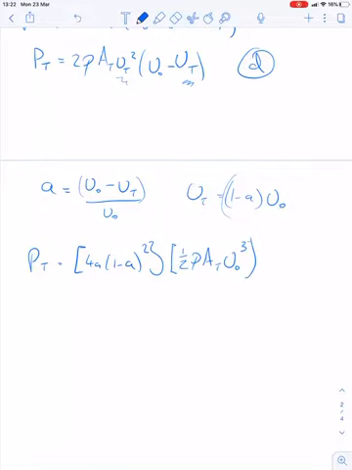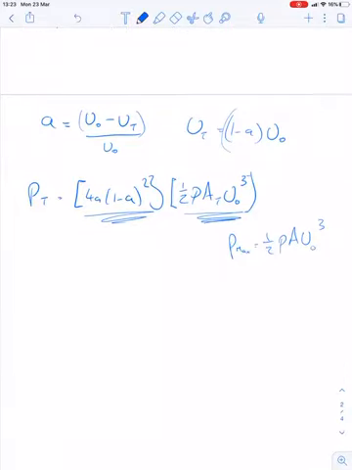Okay, now the key point here is to recall that this term here is essentially the maximum power in a wind flow for an unobstructed column of air. So this was given by half density A u naught cubed. So this term here is the one that's responsible for the decrease in power generation by the wind turbine.